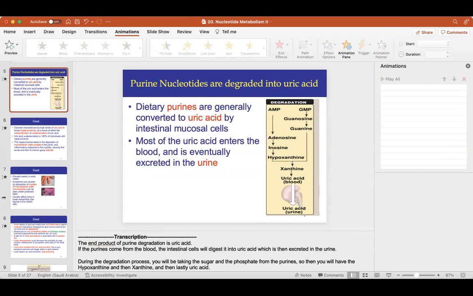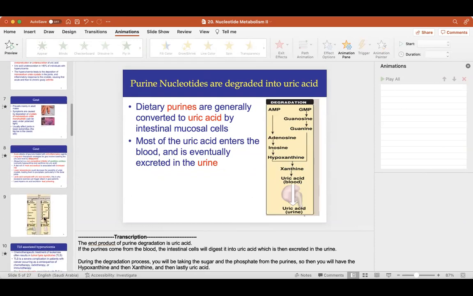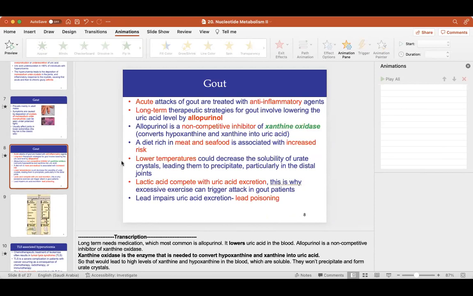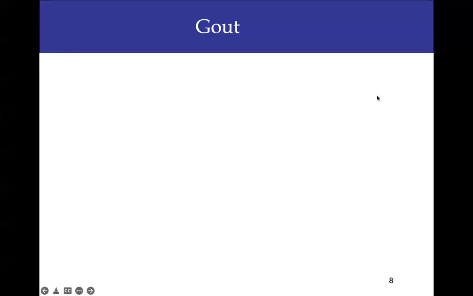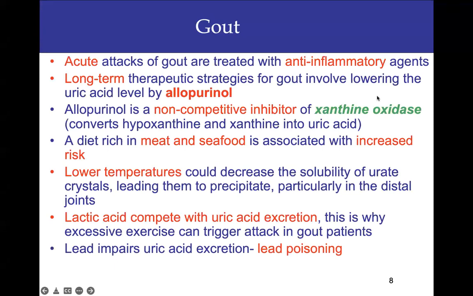Hypoxanthine and guanine are converted into uric acid by xanthine oxidase. Okay, coming back to this. So allopurinol is a non-competitive inhibitor of that. So patients with long-term gout or repeated attacks of gout are put on allopurinol.